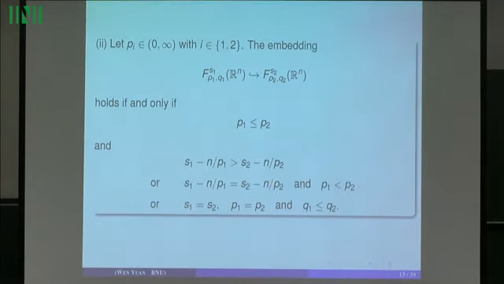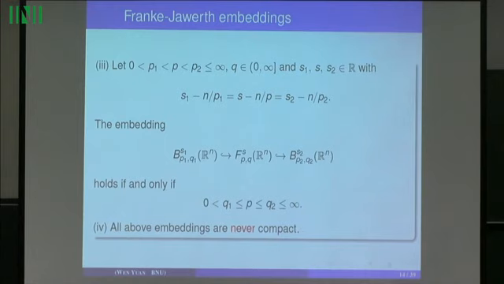Similarly, for Triebel-Lizorkin spaces, we have a similar condition: a condition on the integrability parameter and another condition on the smoothness parameters. The third kind of embeddings are the so-called Jawerth-Franke type embeddings, from Besov space to Triebel-Lizorkin space, or from Triebel-Lizorkin space to Besov space.